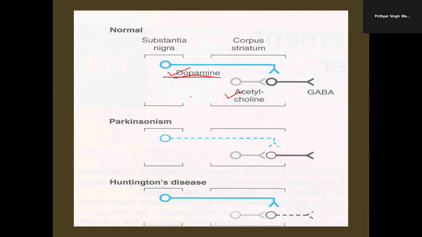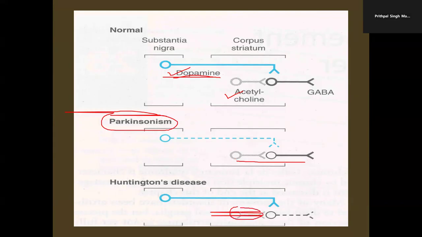If there is deficiency of dopamine, or excess of acetylcholine, this leads to symptoms of Parkinson's. If there is excess of dopamine and less acetylcholine, it leads to a different disease. So let's start with our basic concept of Parkinson's disease.